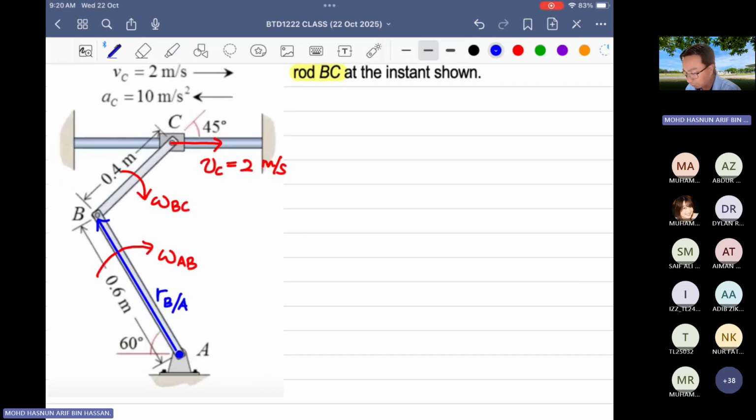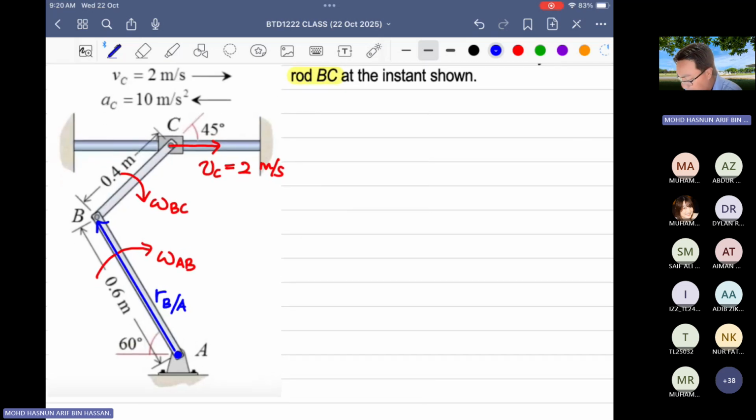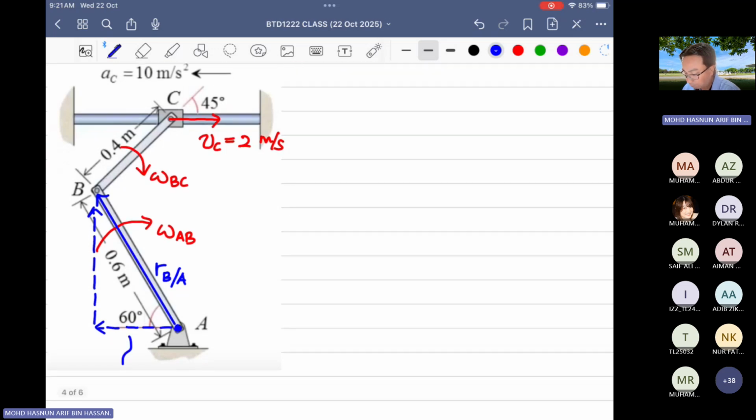So how do we get the position vector? Let's make a triangle out of this. You need to have one component to the left, which is X component. X component is pointing to the left and Y component is pointing upwards. This is the Y component. So we know the length of AB is 0.6. So the X component will be 0.6, and we know the angle is 60 degrees here.